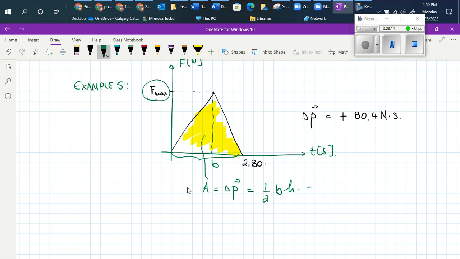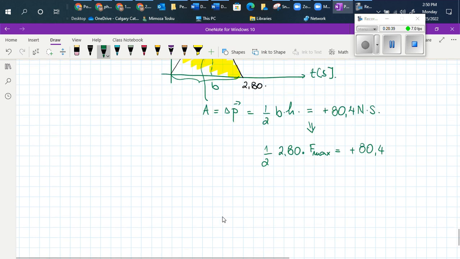Okay. On the other hand, what we know is that the change of momentum or the impulse is given to us to be 80.4 newtons times seconds. So then from here, 1/2 times 2.80 times F max, which we don't know, will be equal to positive 80.4 newtons times seconds.